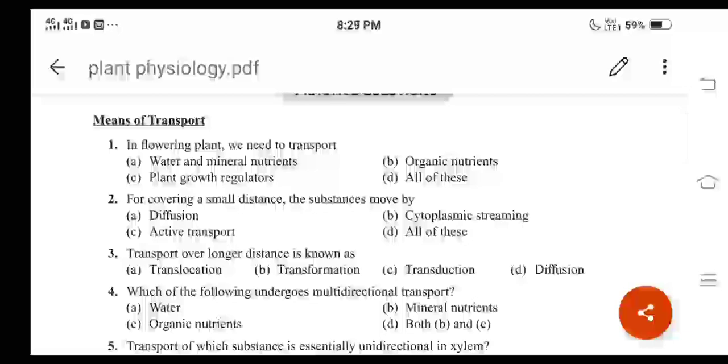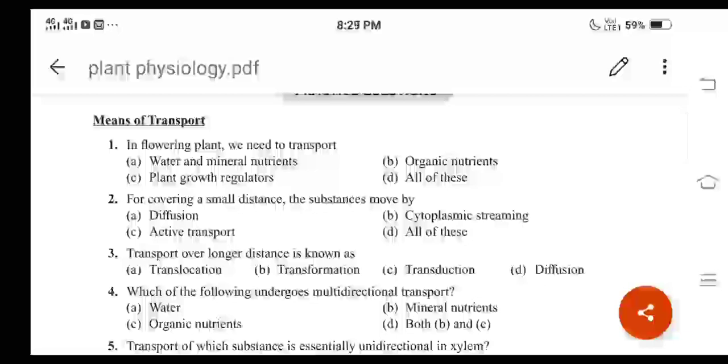And here for moving a small distance, the substances move by all the three processes like diffusion, then cytoplasmic streaming, and even by the active transport. So option D becomes the correct answer.